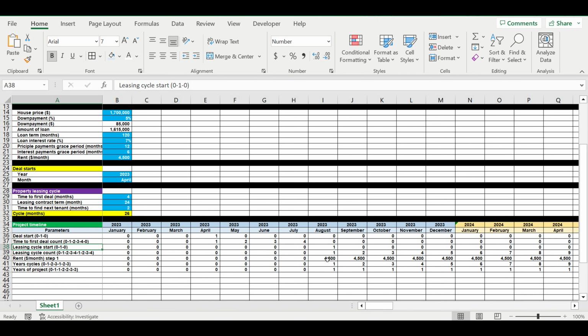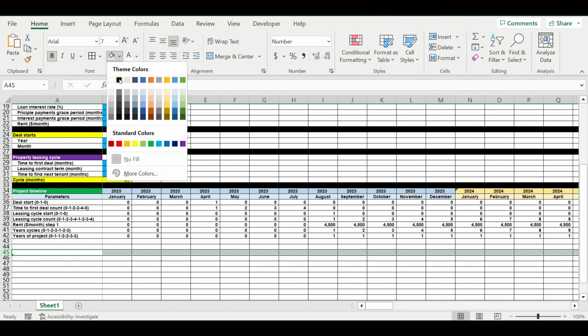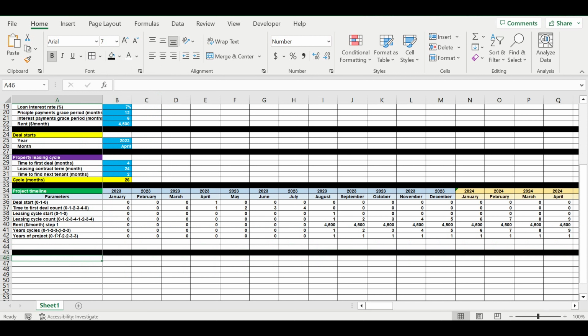So now we need to inflate these numbers. So how are we going to do that? Let's create a new block of inputs. We will call it rent inflation. This will be the year. This will be the inflation rate in percentages.